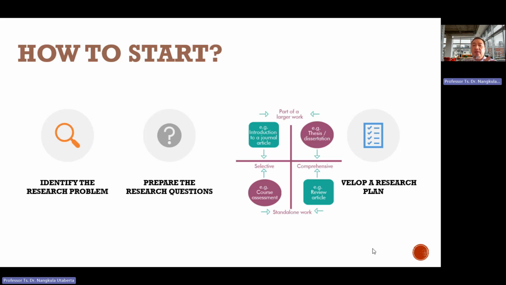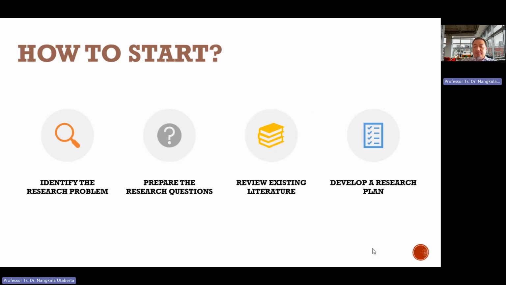In every academic paper, you need to have a very strong literature review. Without a literature review, you are nowhere, because you don't know what has been done and where your research is going. That is a very important element. And lastly, you can develop your research plan.